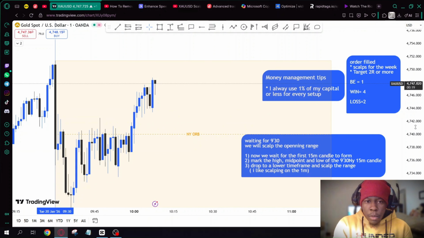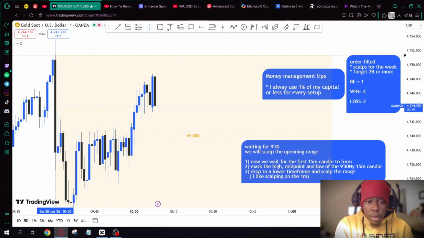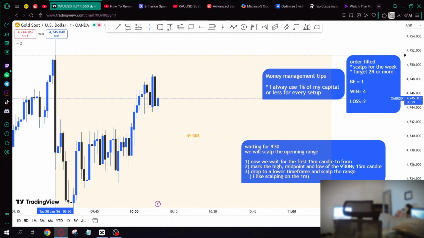It serves you no good to be profitable today while you cannot trade tomorrow, you cannot trade after that. You have to be able to manage the risk very well so that you can be in the game for long.